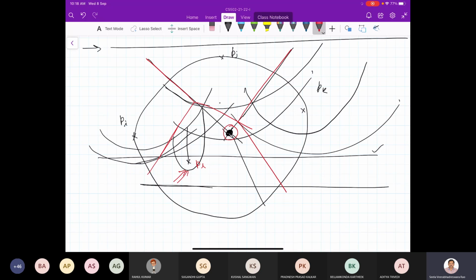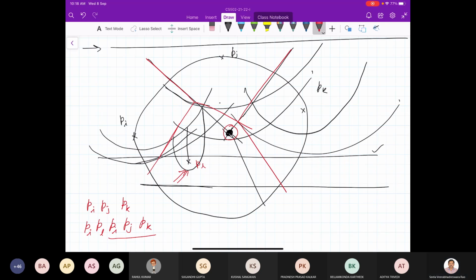See here, what is happening? PI, PJ, PK are adjacent here. After inserting the PL, what is the status of the sweep line? You have a PI and we have a PL. Again, PI will be there, and PJ, PK. Okay. So PI, PJ, PK are, as of now, still adjacent.